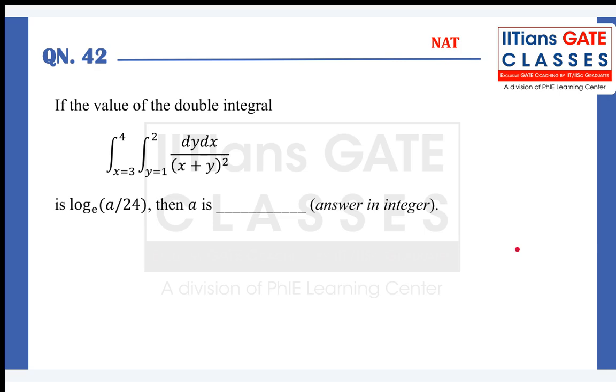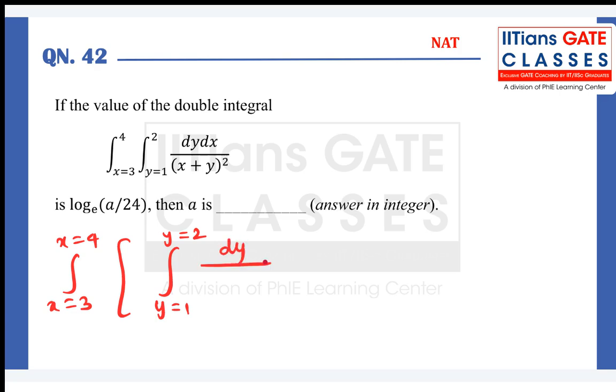So this one, you can write x equal to 3 to x equal to 4. Let's do the inner integral first. y equal to 1 to 2, dy over x plus y whole square, into dx.